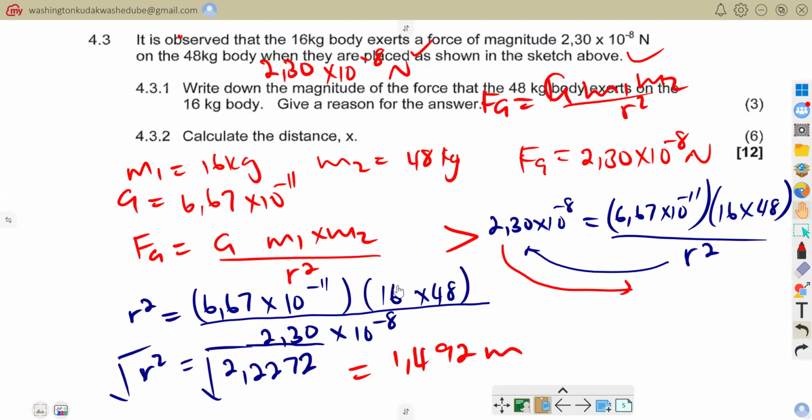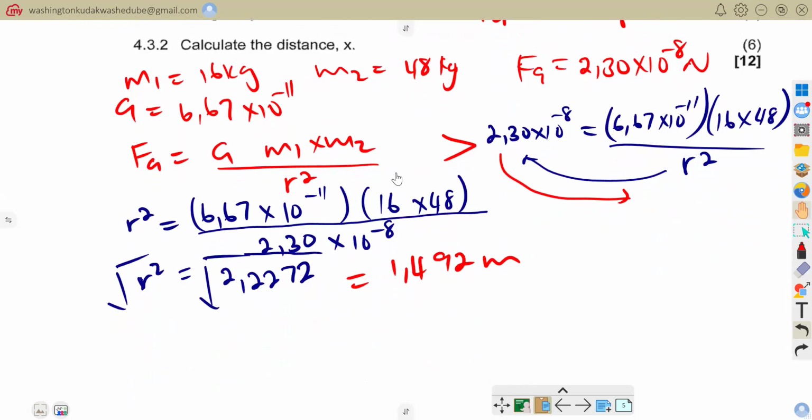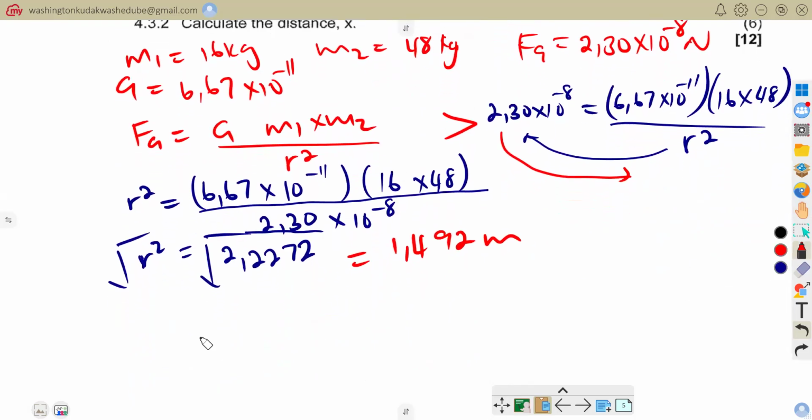That is R. But is that what we are looking for? No, we are looking for X. So R is equal to 1.492 meters.